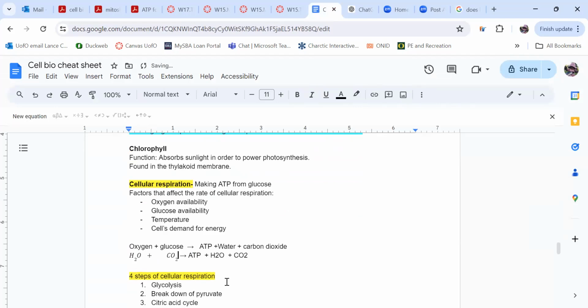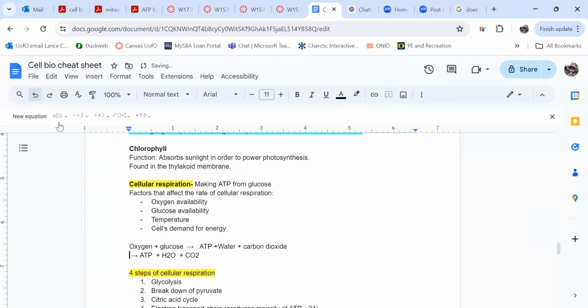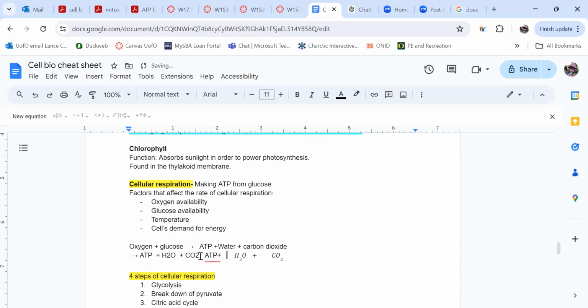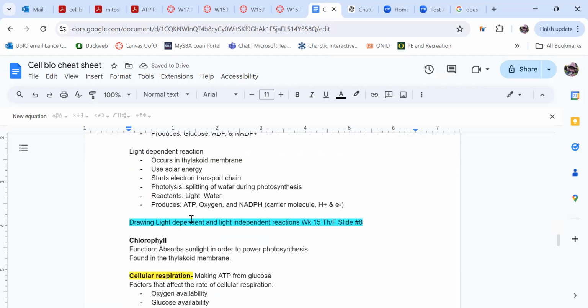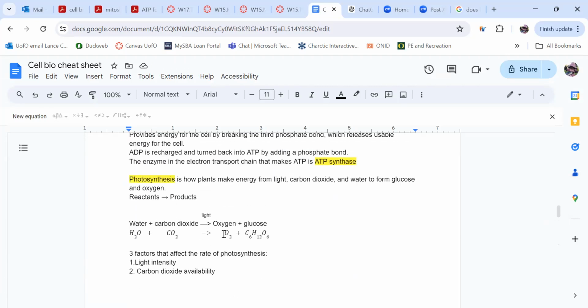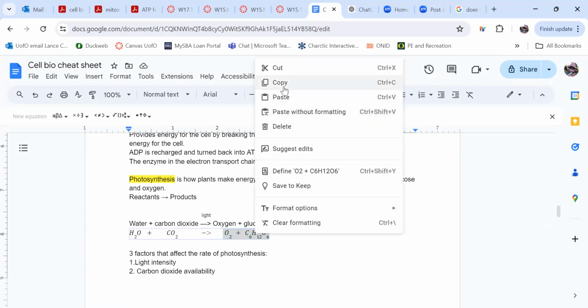Cool, that'll work. But that's water and carbon dioxide. So we do that. Put that there. I'll put ATP plus water. So leave that arrow there because now we've got to include oxygen and glucose, which is the product of photosynthesis.